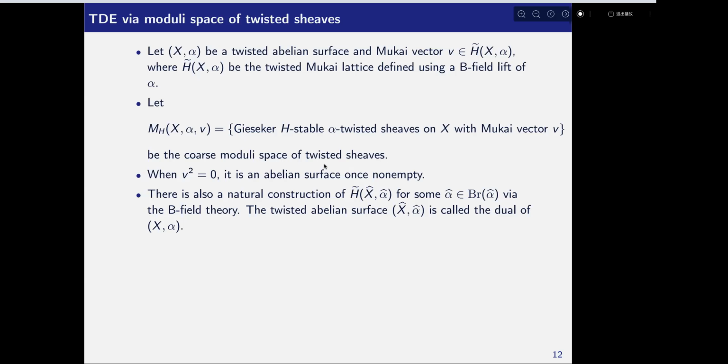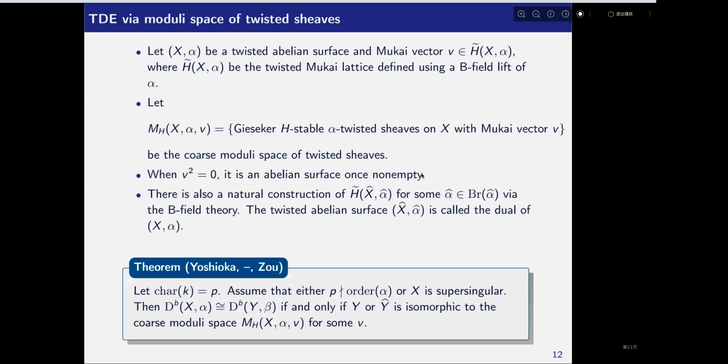Everything is very similar to the case so far. Just when v squared is 0, it's an abelian surface, if it's non-empty. And for the dual, we can also define such a theory. And there's a theorem, first proved by Yoshioka, and later, in some cases, proved by me and my student Haitao Zhou.